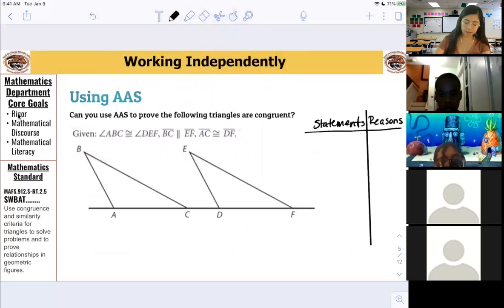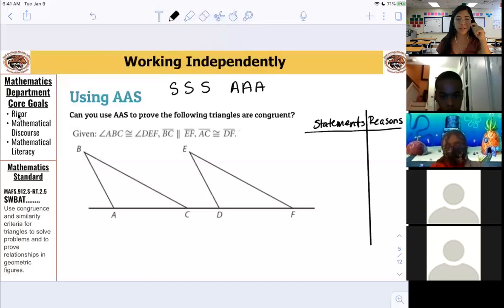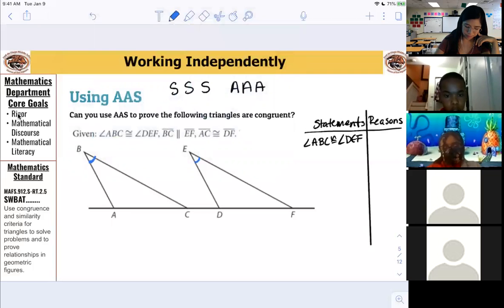And I think I kind of came up with this on the spot, but I think I like this. We're going to have the 3 sides and the 3 angles, and we're going to check them off as they go. So given ABC is congruent to DEF. Okay, so I know that this angle right here is congruent to this angle up here.